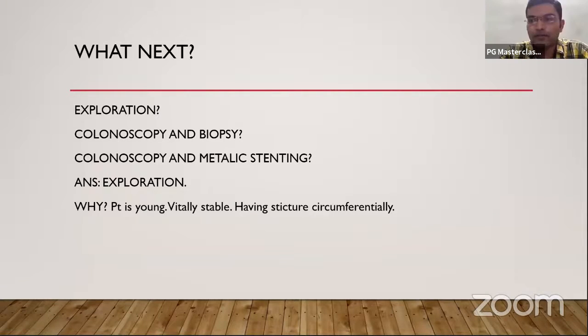Go for the colonoscopy and biopsy to confirm a diagnosis of malignancy. So understand, for all residents, there is a definite role of colonoscopy in this patient, right? Provided abdomen is soft, distended but soft, patient is vitally stable, CECT doesn't show extraluminal extension or perforation, and even cecum is only distended, nothing wrong.